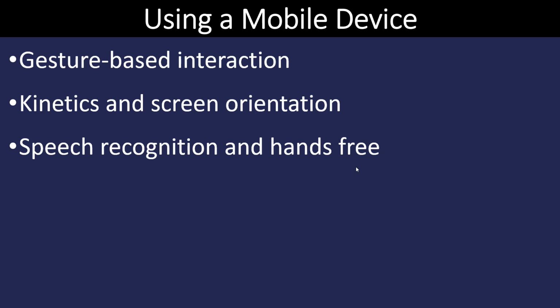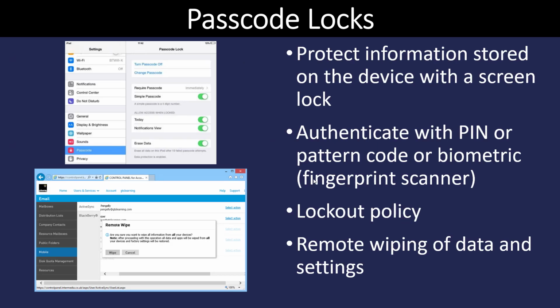All mobile devices today have speech recognition built into their operating system and try to incorporate hands-free operation so you can be using it in your car. A standard mobile device has a variety of different ways that you can lock it to protect the information stored on it. We're going to call that a screen lock.